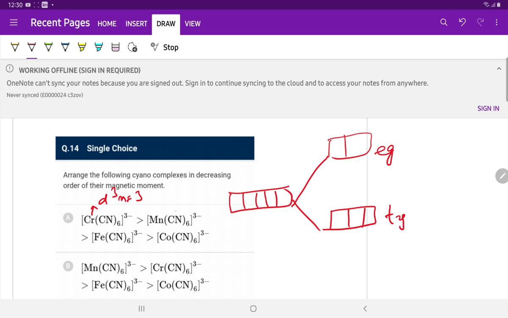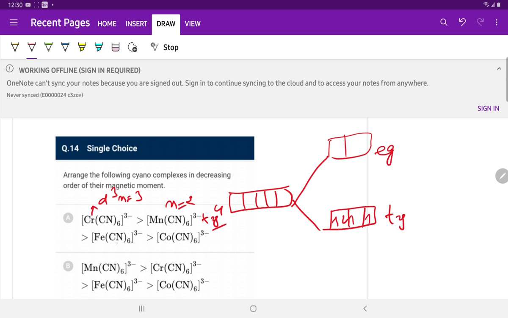This is d4, and with t2g4 the number of unpaired electrons is 2, not 4, 2, since t2g4 is 1, 2, 3 and 4. For [Mn(CN)6]3-, t2g4 configuration contains only 2 unpaired electrons.